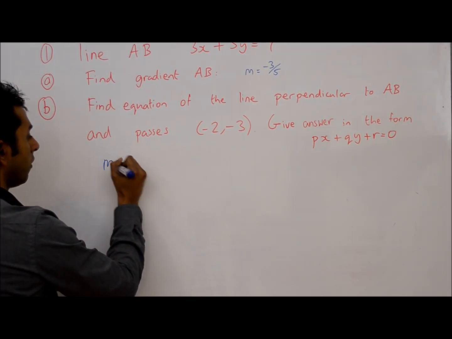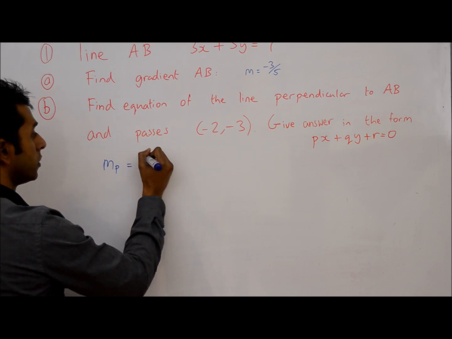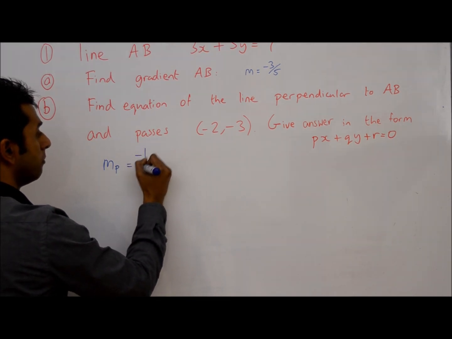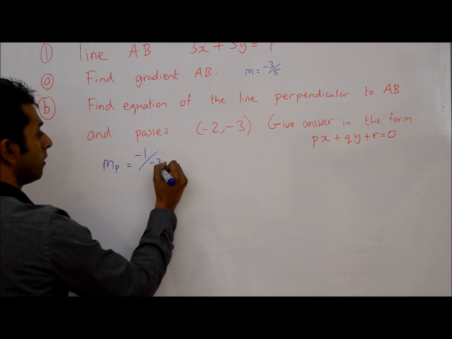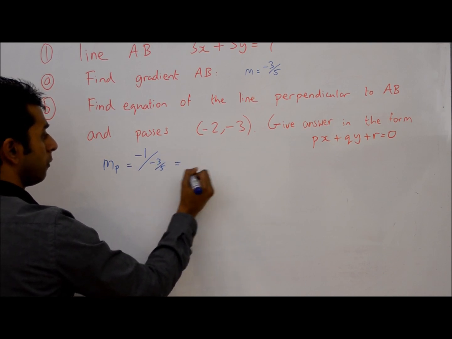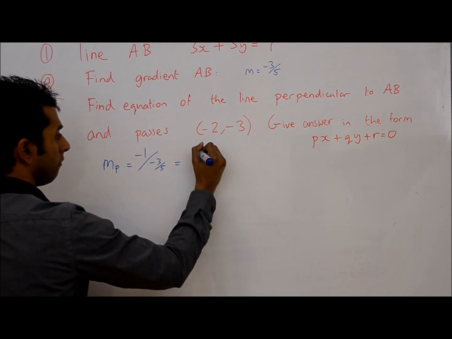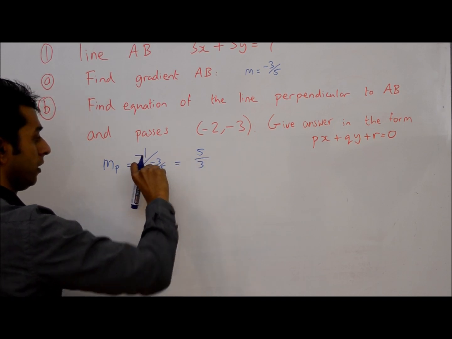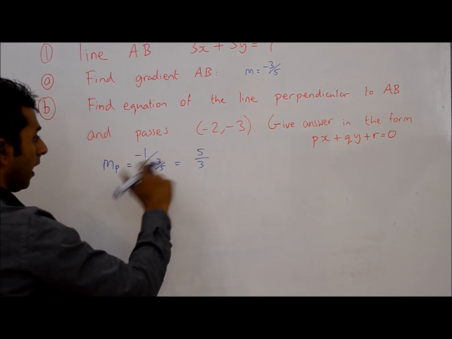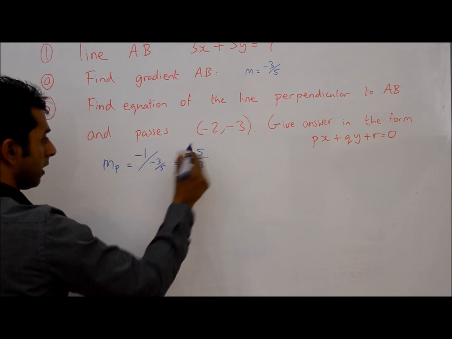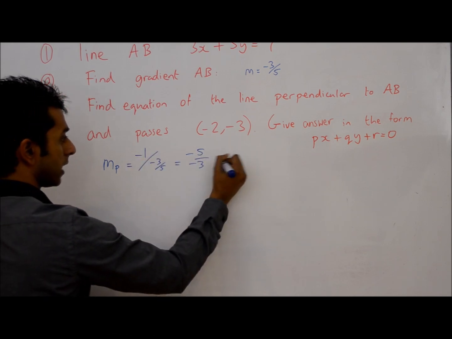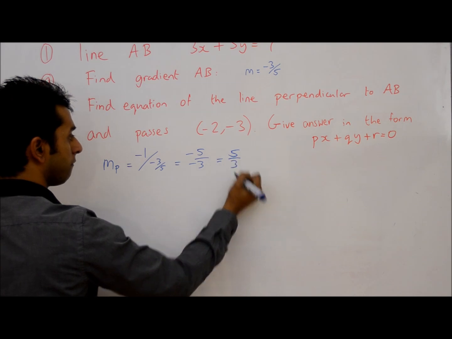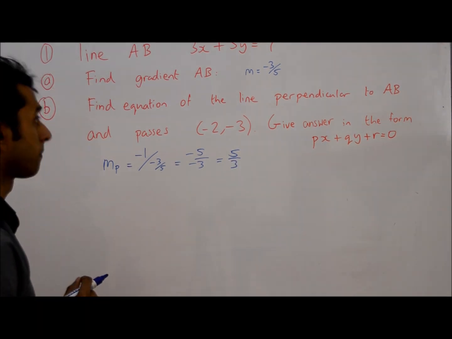So the gradient of the perpendicular is equal to the negative reciprocal of minus 3 over 5. So that would just become 5 over 3. When you're working out the reciprocal of a fraction, you just turn it upside down, and you've got a minus here, and you've got another minus here. So the minuses cancel each other out, so you're left with 5 over 3 as your gradient.